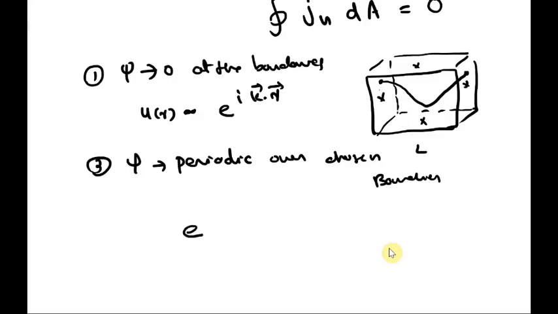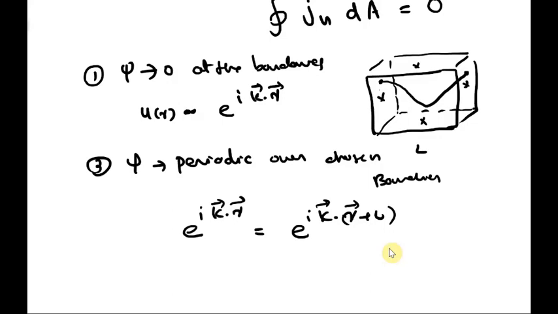So let me take the wave function as e raised to i k r, in the general form. When r increases by L, e raised to i k (r plus L) again has the same value, whatever value it is. There is no restriction on it; it can be plus anything, minus anything, 0 or whatever. The only thing is that both values have to be the same.